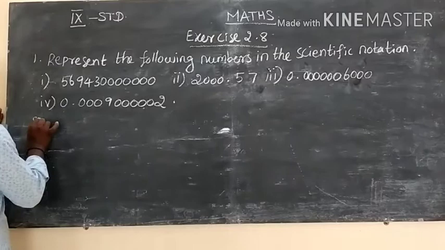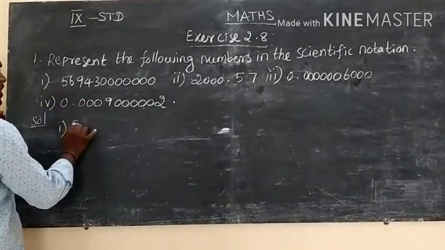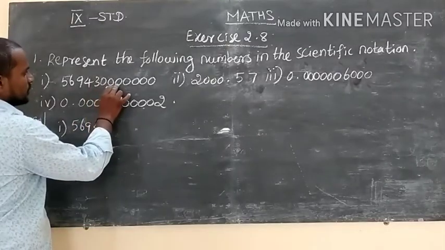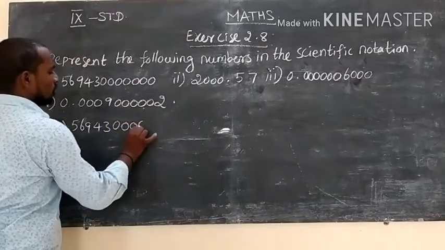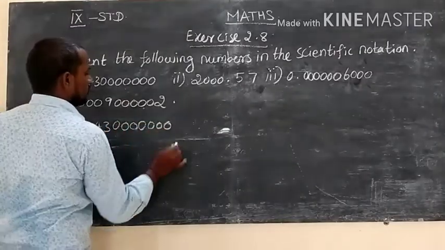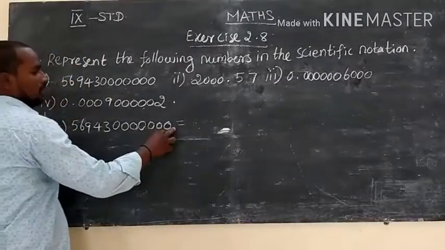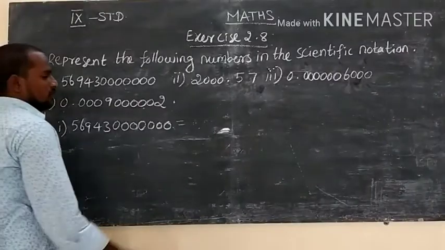The solution. The first number is 5, 6, 9, 4, 3 followed by 7 zeros. Consider the last zero as having the decimal point.